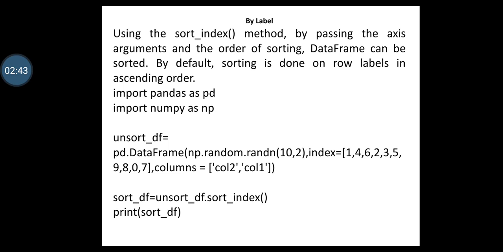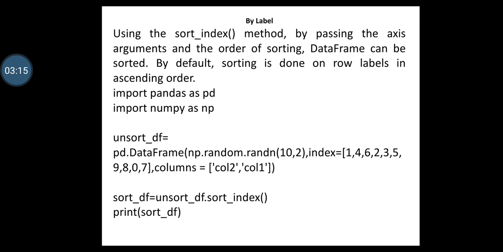Then I define another variable, sort_df, for the sorted data frame, which is equal to unsorted_df, then put the dot. After putting the dot, the sort_index method is invoked in our Anaconda environment. Then I put the sort_index method, and then print sort_df.